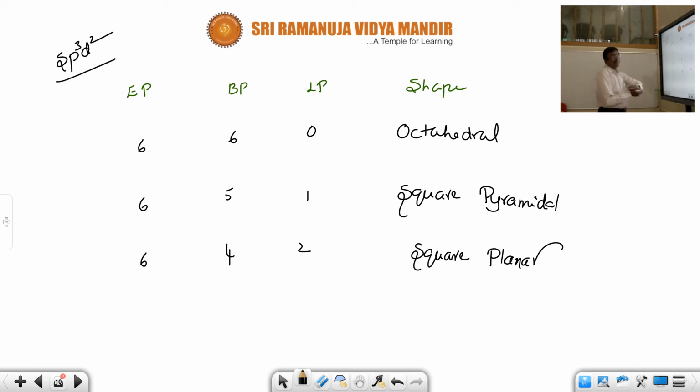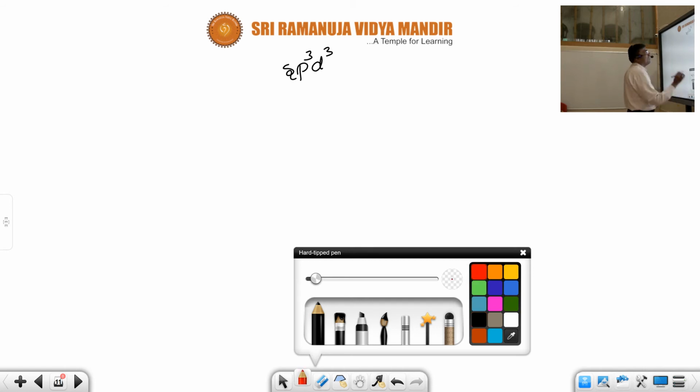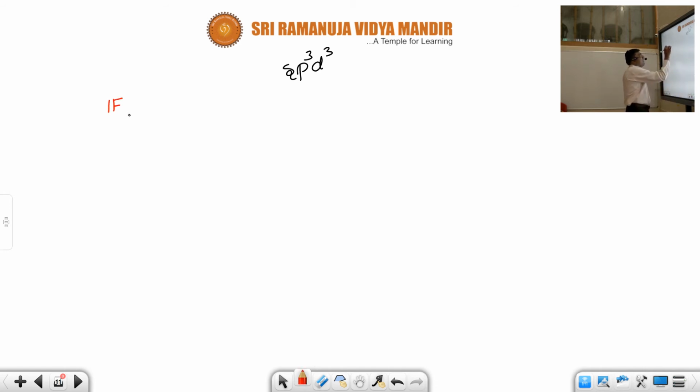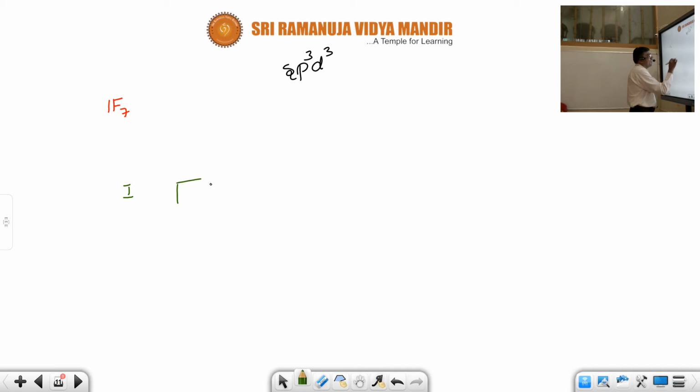Now let us have a discussion on the next hybridization, that is called sp3d3 hybridization. Let us take an example to illustrate this hybridization, that is IF7. Which is the least electronegative, students? Iodine. So iodine is the central atom. So write its basic ground state configuration.